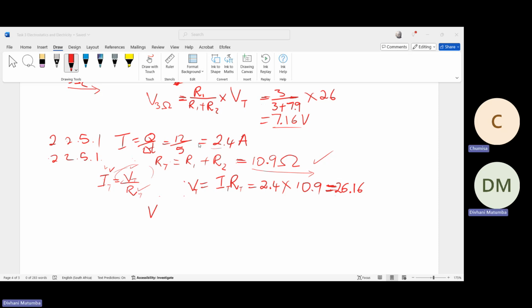Now that we have calculated the total voltage, that total voltage will be distributed across the different resistors in your circuit. So in this case, how do we calculate the voltage across the parallel system?